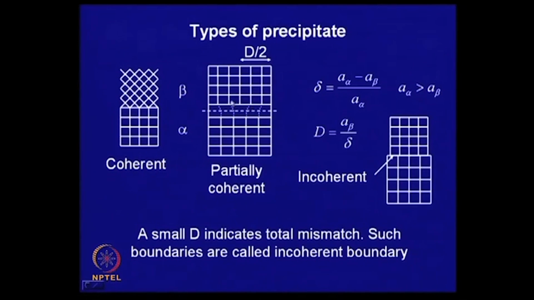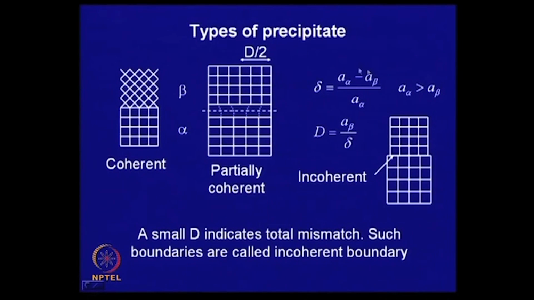So, this type of precipitate we call a partially coherent precipitate, and you can easily calculate, based on the difference in the lattice parameter, the magnitude of the mismatch, delta. A alpha is the lattice parameter of alpha, A beta is the lattice parameter of beta along that particular direction.